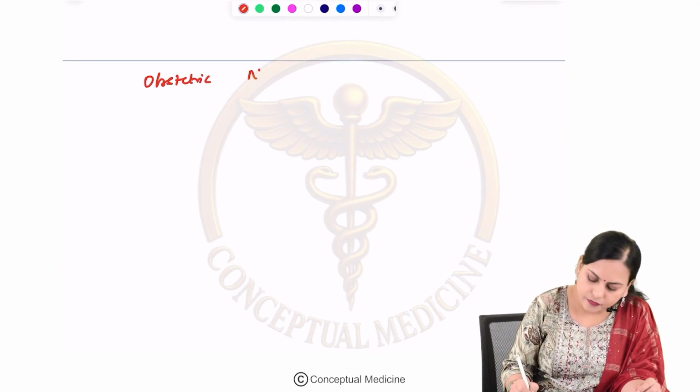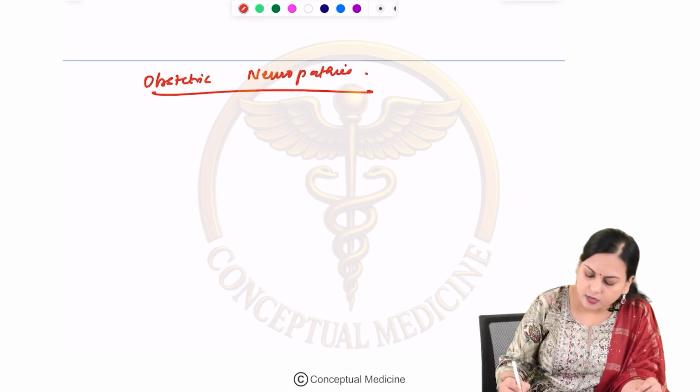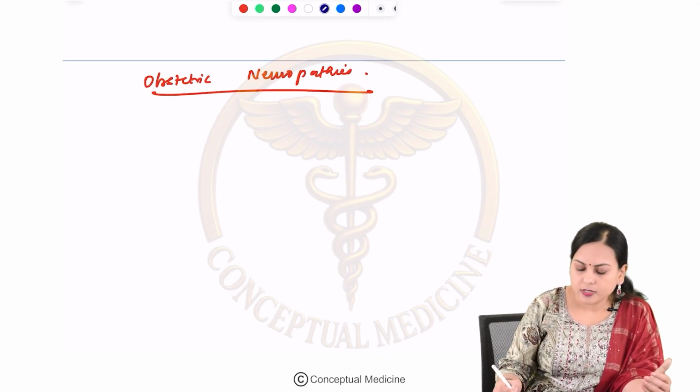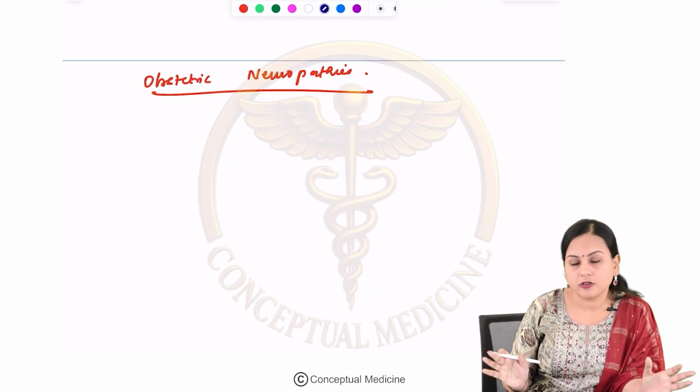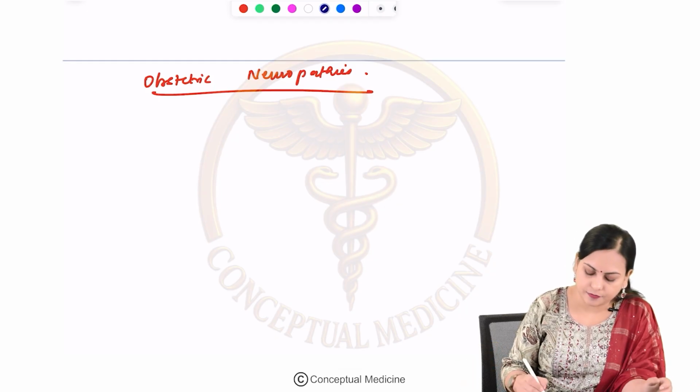The next one is obstetric neuropathies. This occurs because during pregnancy there is a pressure on the lumbosacral plexus. Okay.